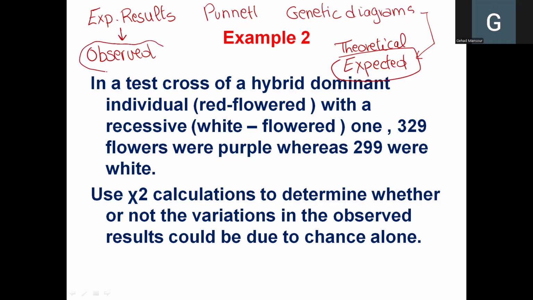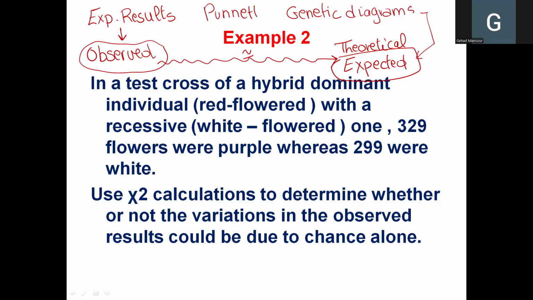Of course, the experimental results are on Earth. And when you get the experimental results, you are expecting your observed results to be very close to the expected results. Usually this is not the case.